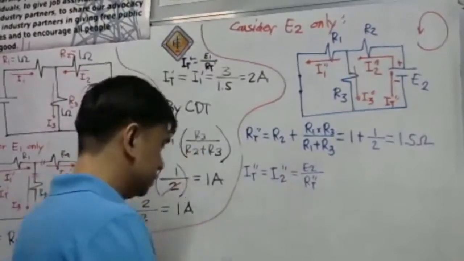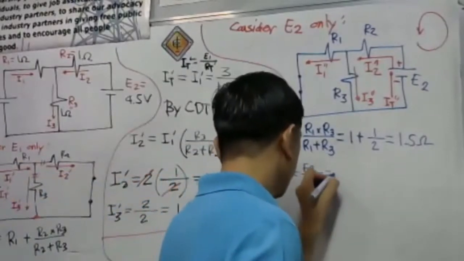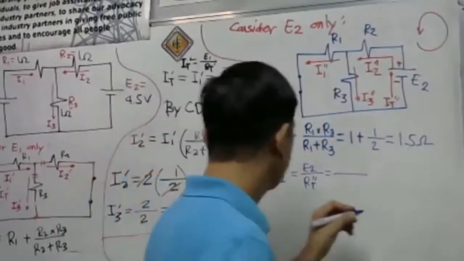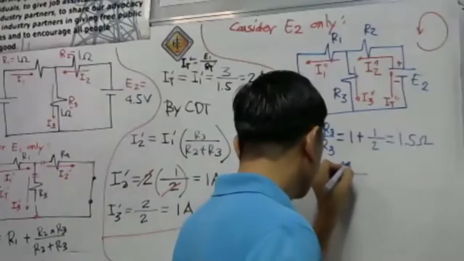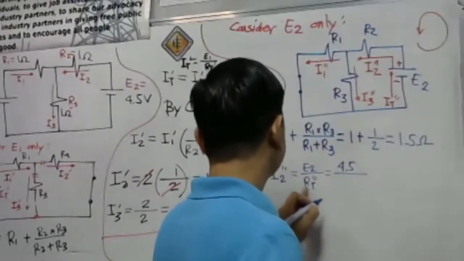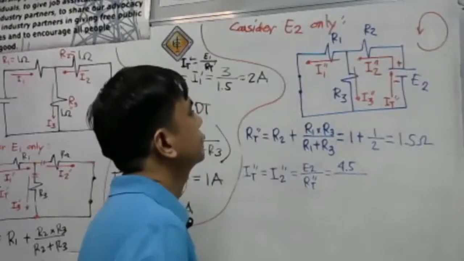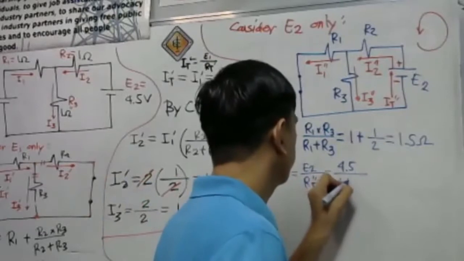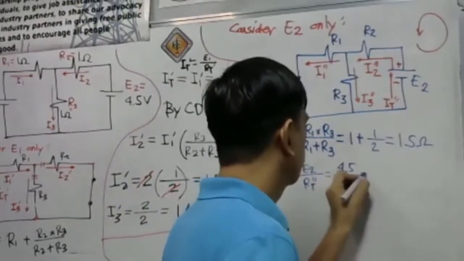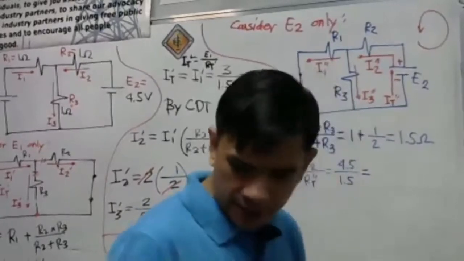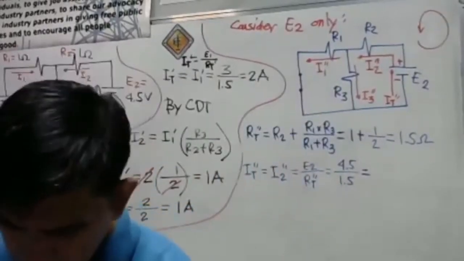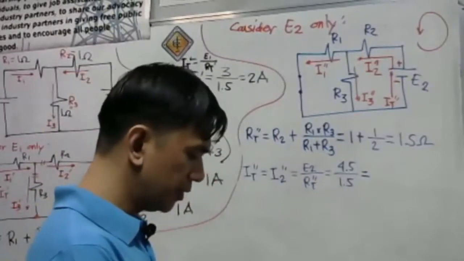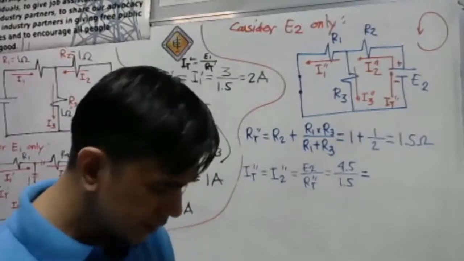So we just have to substitute. What is our E sub 2? E sub 2 is 4.5 volts. What is R total double prime? R total double prime is 1.5. So, we just have to use our calculator. 4.5 divided by 1.5 is 3. That's correct.